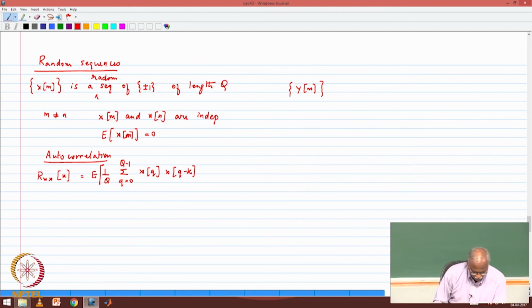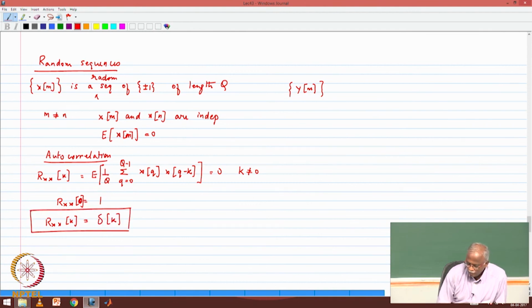As long as k is non-zero, this term is going to go to 0 because of the independence property. If k is equal to 0, then Rxx of 0 will be equal to 1. So basically we can write Rxx of k equal to delta of k. That is a good property of the random sequences.